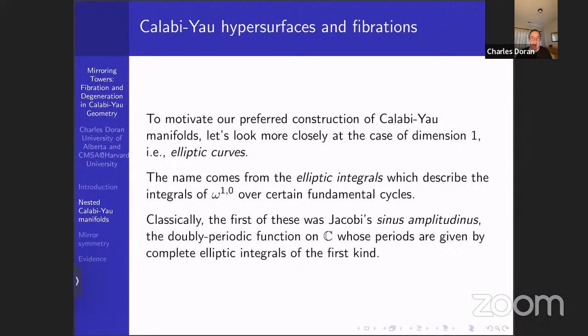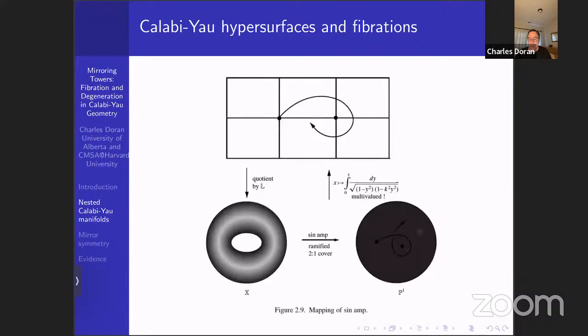Classically, the first of these elliptic integrals that was studied was Jacobi's sinus amplitudinis, and it's a doubly periodic function on C whose periods are given by complete elliptic integrals of the first kind. You can see how we've enhanced the complex structure picture that I showed earlier for the 2-torus by now a further map from the 2-torus with its complex structure to CP1.